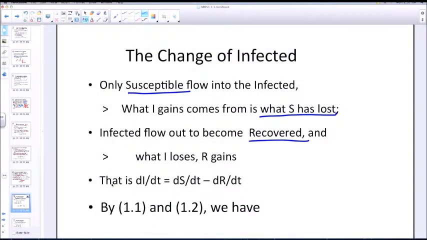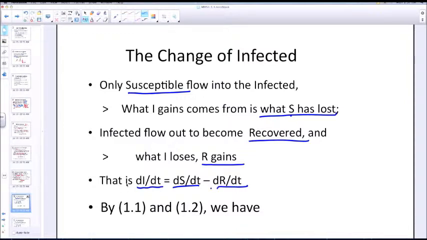Then the gain is from what the S has lost, and the loss is what the R gains. So it's clear the change rate of the infected equals the gain from the S lost, that's dS/dt, subtract the loss, which is the R gain.